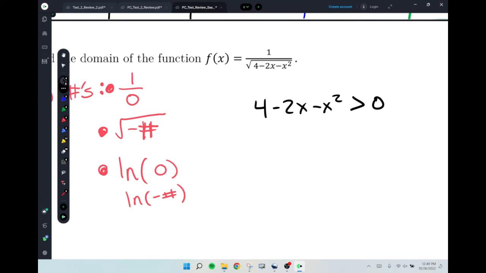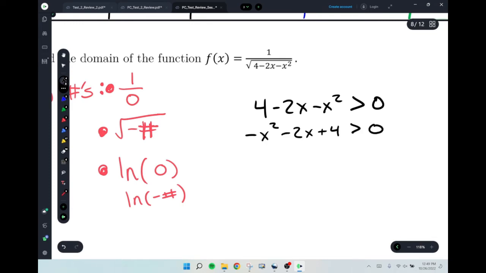All right. And then now we have to do this normally. Can I rewrite that so it looks normal for us? Negative x squared minus 2x plus 4. Not yet.